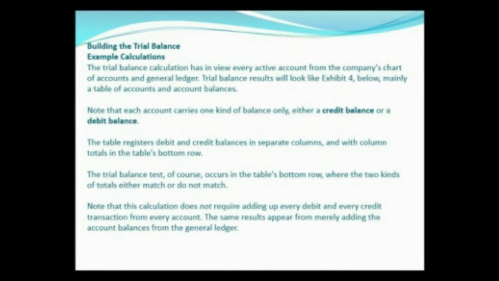The table registers debit and credit balances in separate columns with one column total at the table's bottom. The table balance check occurs in the bottom row, where the two kinds of totals either match or do not match. Note that this calculation does not require adding up every debit and every credit transaction from every account. The same result appears from merely adding the account balances from the ledger.